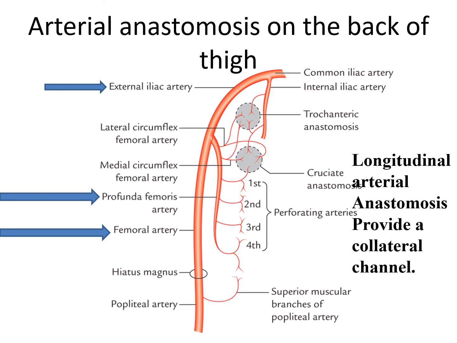The femoral artery continues as the popliteal artery from the hiatus magnus, the opening of the adductor magnus muscle. The superior muscular branch of the popliteal artery anastomoses with the fourth perforating branch of the profunda femoris artery. So the longitudinal arterial anastomosis provides a collateral channel. These are the major arterial supply of the back of the thigh. Thank you.